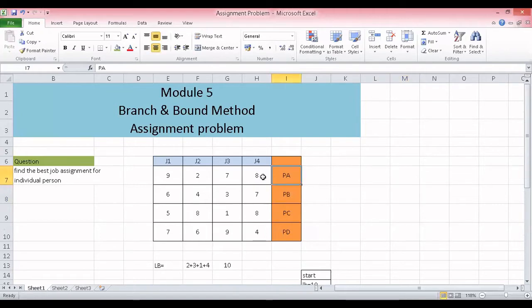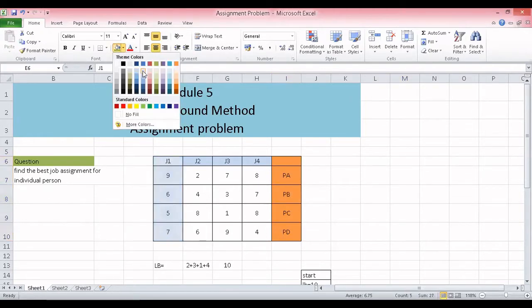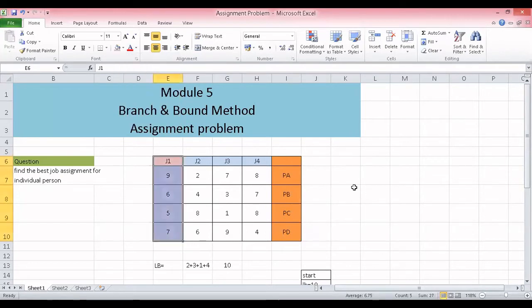Now I will explain the first column. I will highlight it with a color. Suppose you take this as 9 rupees. Person A demands 9 rupees to perform job 1. This is simply an assumption; rupees and other units will not be given, I am saying it simply to make the students understand.